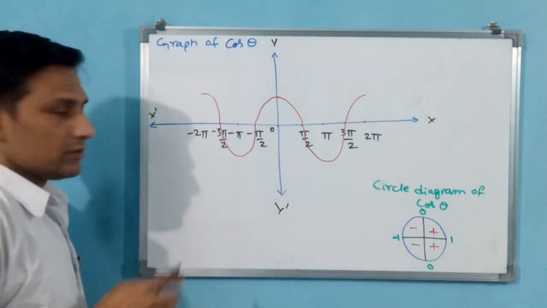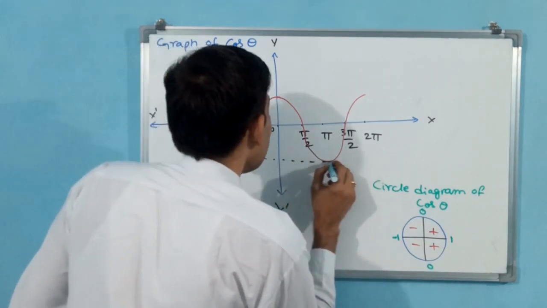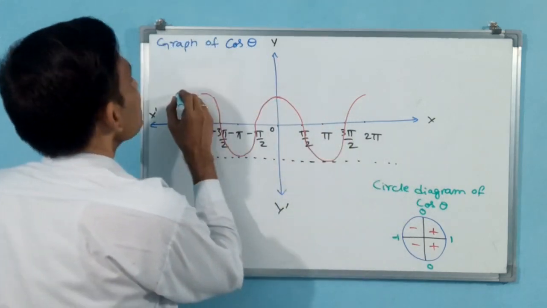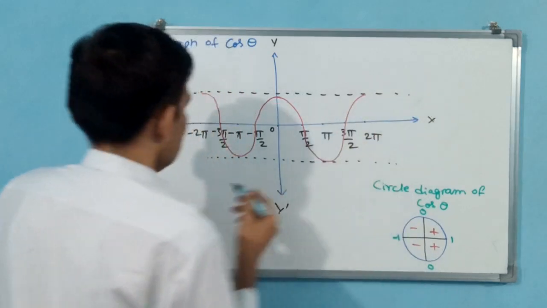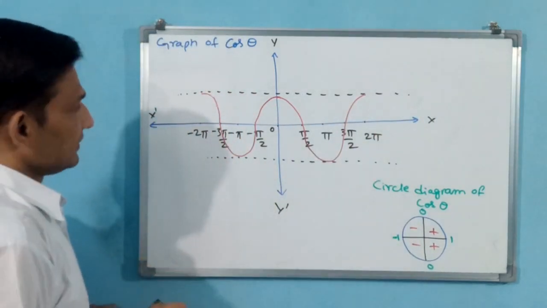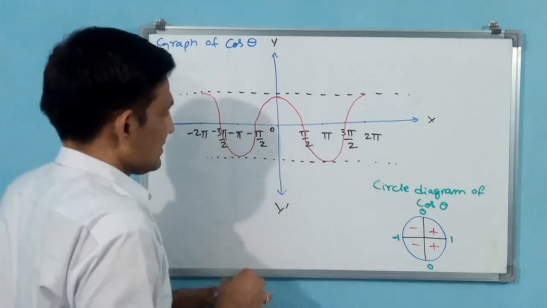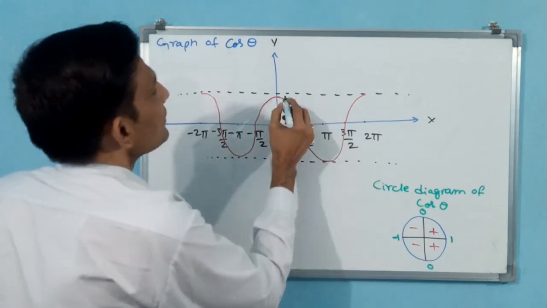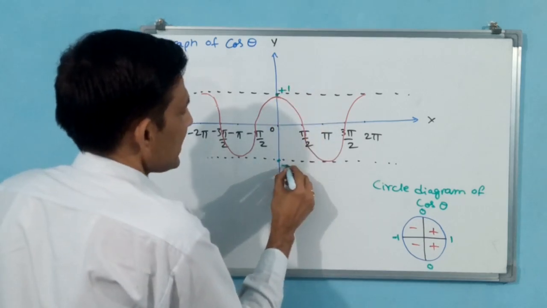Now approximately I am putting one dotted line here. Now this is +1, and this dotted line is -1.